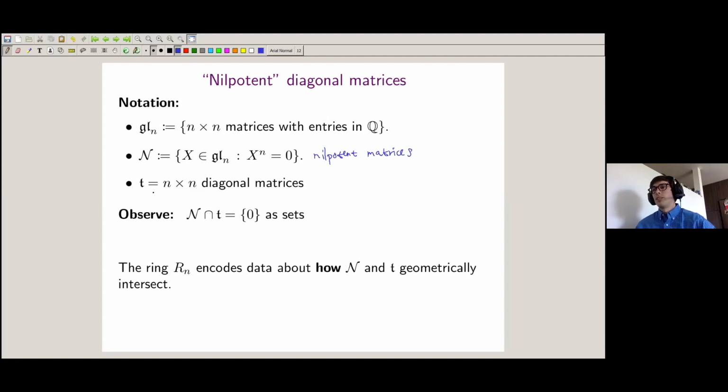And we'll let T be the n by n diagonal matrices. And observe that if you take these two sets, N and T, and you take their set theoretic intersection, the only thing in that set is the 0 matrix, because the only diagonal matrix which is nilpotent is the 0 matrix.